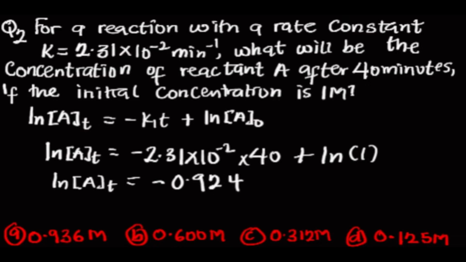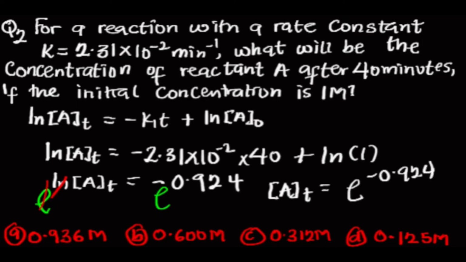Now in order for us to get the concentration of the reactant, we have to take the exponential of both sides. Taking the exponential of both sides, the natural logarithm is going to cancel the exponential. Then we are going to have the final answer, the concentration of A of t, which is the A final, equal to the exponential of minus 0.924.